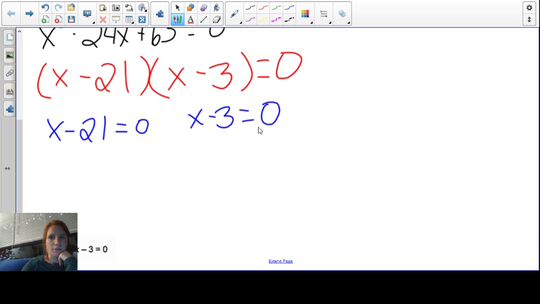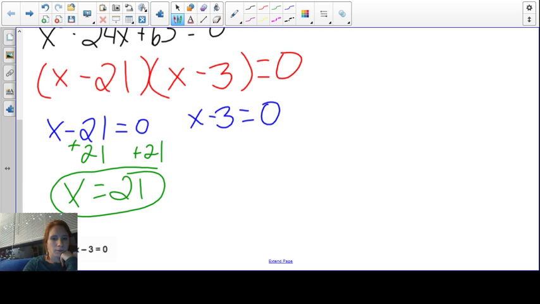Now to solve that for an x value, I just do the opposite of what I see for each one. So this one I'm going to add 21. So one of my x's is going to be 21. This one I'm going to add 3. And my other x is 3.